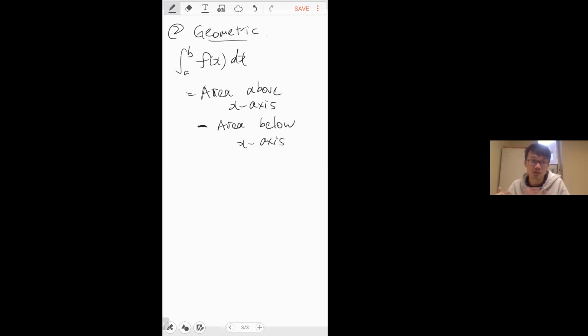So depending on what shape you have, geometrically, the integral is just the area above x minus the area below x. And then the last thing we did was algebraic. By algebraic, I really mean the fundamental theorem of calculus.